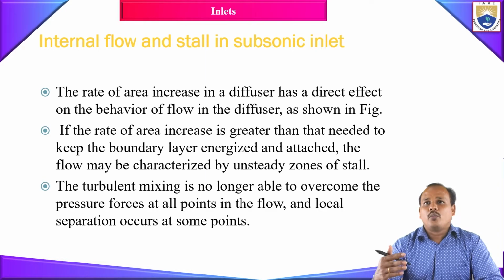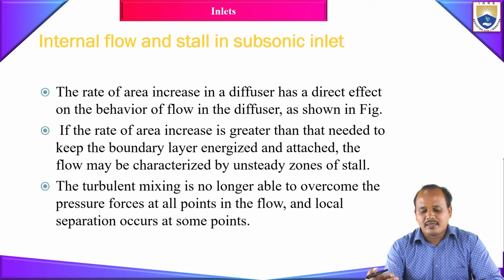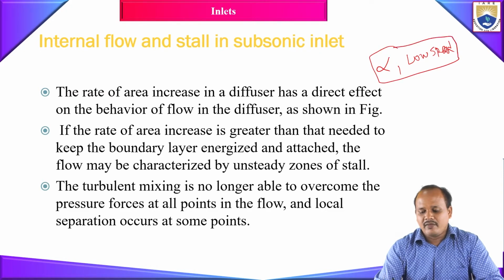So under what condition is this stall happening? It's not like all the time you are going to have this stall. Just like in your airfoil, when we used to have stall, it is during high angle of attack operation and low speed. Under a higher angle of attack, alpha is very high and the velocity is very low.